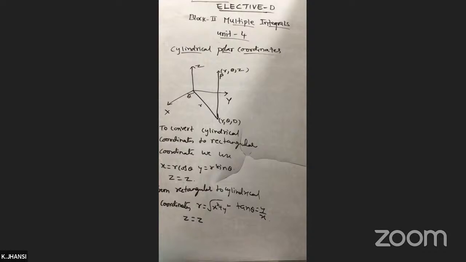These relations are useful for solving the problems. Whenever a point is given and we are asked to convert it into cylindrical coordinates, or cylindrical coordinates are to be converted into rectangular coordinates, we use them. So we have one problem.